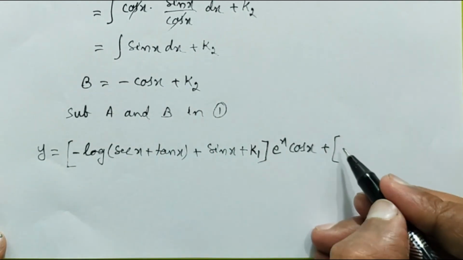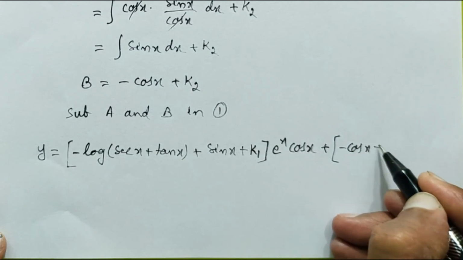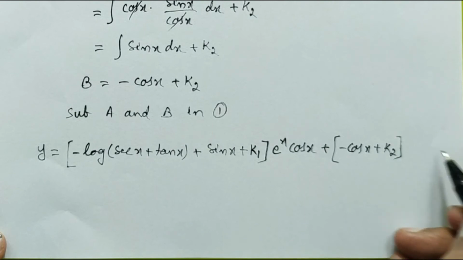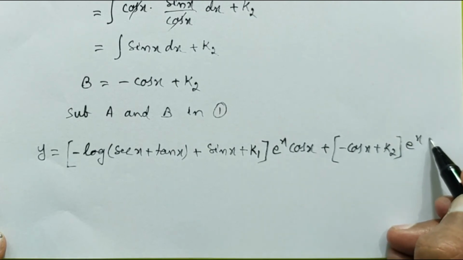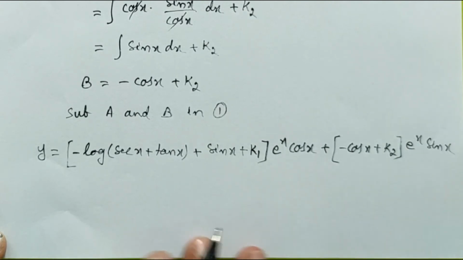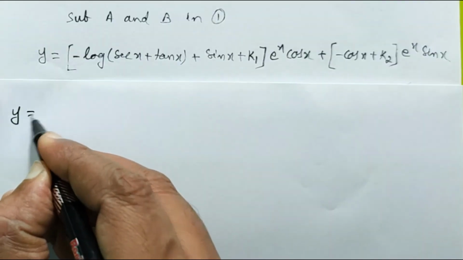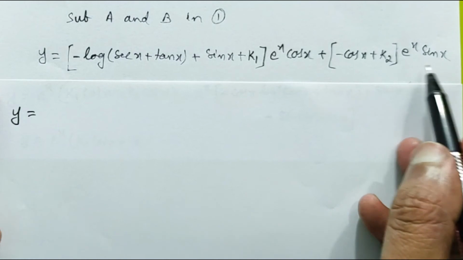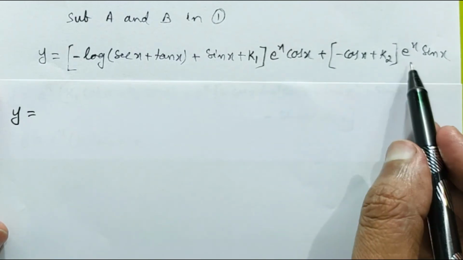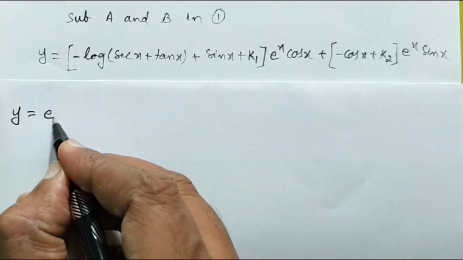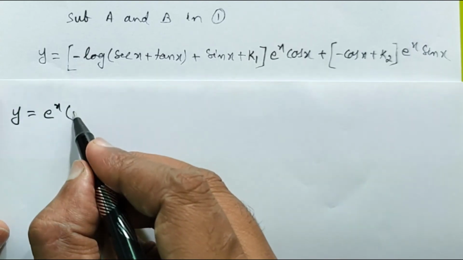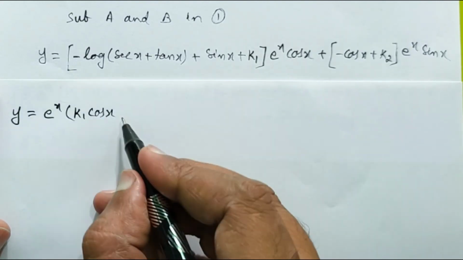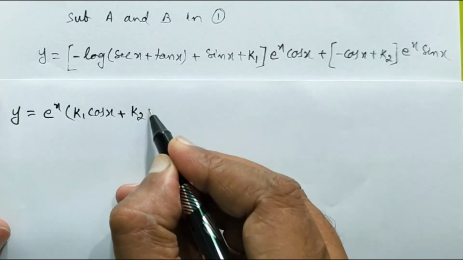So b value over here is minus cos of x plus k2, into e power of x into sine of x. So y will be equal to, here let me write first this value of k1 cos and k2 sine. But in both these cases e power of x is common. So if I take e power of x common outside, we are left with k1 cos of x. Over here it is k2 sine of x.